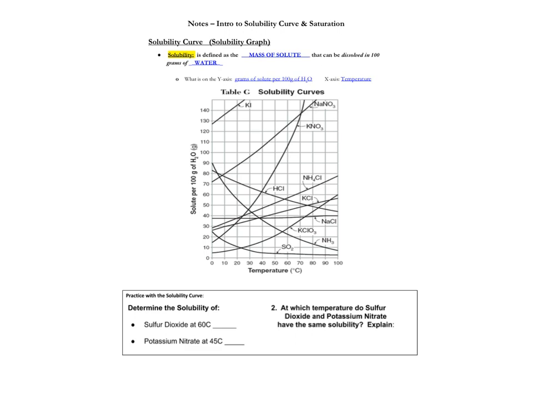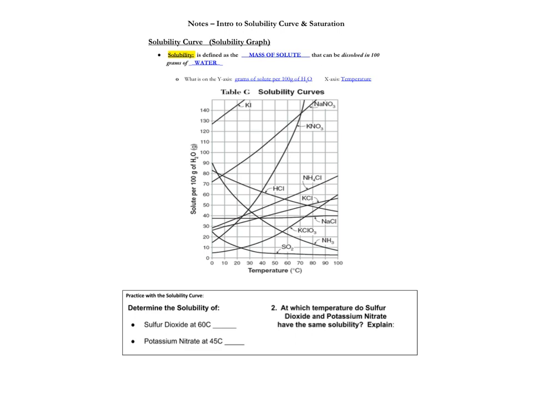So you can see if you pick any line, let's say sodium nitrate, it starts here at approximately 72 grams and increases all the way to the maximum that this graph allows, which is, I would say, maybe 150 grams, all while the temperature is increasing. Okay, so as I move to the right on my x-axis, the temperature is increasing, and as I go up the y-axis, the mass of the solute is increasing as well.